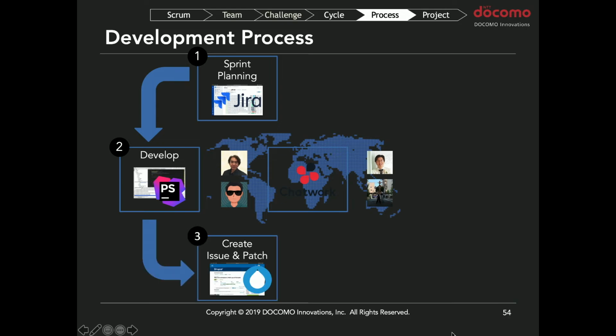And then we create the issue and the patch in Drupal.org. Here we still have some problems, because we started the project management with Jira, but on the other hand, in Drupal.org we can do the same thing. So what's the difference? Well, we are using Jira for the project status management, and this is kind of the agreement of what we need to do during the sprint.